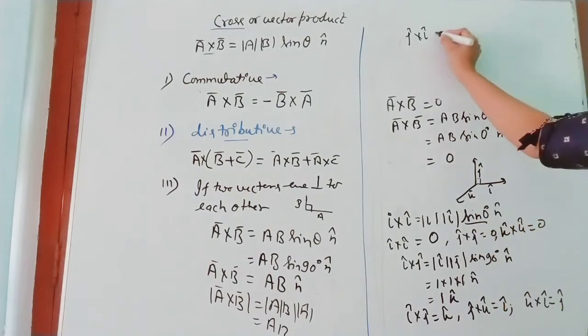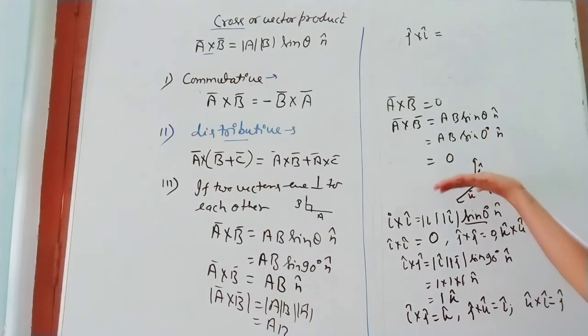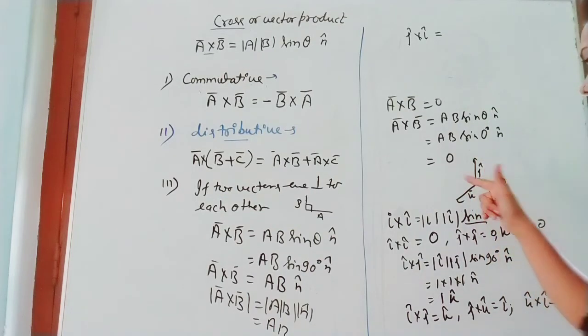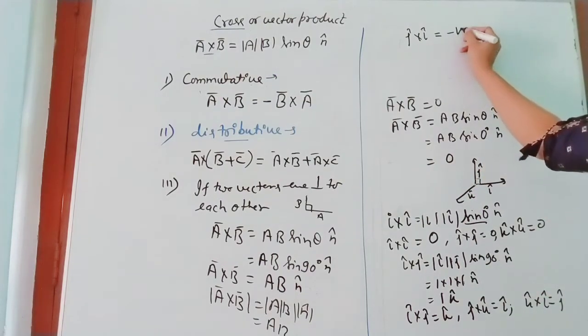You will get the same magnitude, k only, but earlier, doing i cross j, the perpendicular direction was k. If you are doing j cross i, the direction is inward, meaning negative k. Like i has this side and the opposite side has minus j; similarly, k has this direction positive, so inward is negative k. So if you are doing j cross i, this one is inward, so you get minus k.